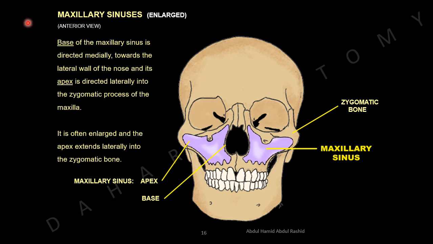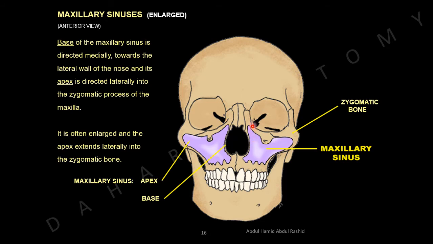Maxillary sinus continuation is the enlarged maxillary sinus. Look here at the picture. In the picture, this is the base of the maxillary sinus. This is the apex of the maxillary sinus. The base of the maxillary sinus is directed medially towards the lateral wall of the nose, and its apex is directed laterally into the zygomatic process of the maxilla.